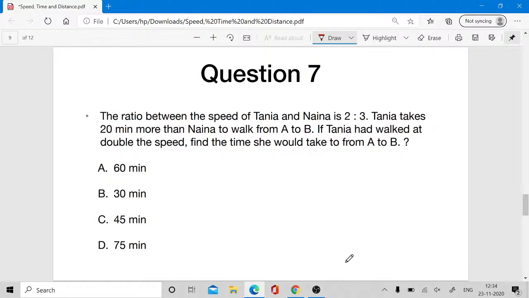Tanya is taking 20 minutes more to walk from A to B. So if Tanya's speed is doubled, how much will her time be?